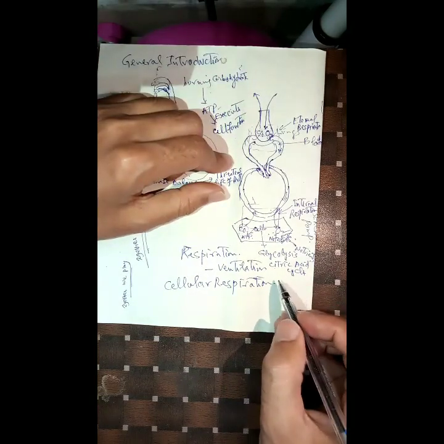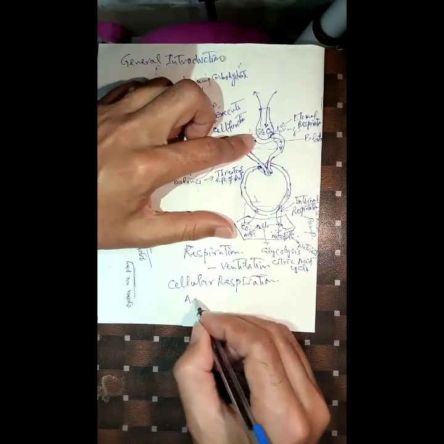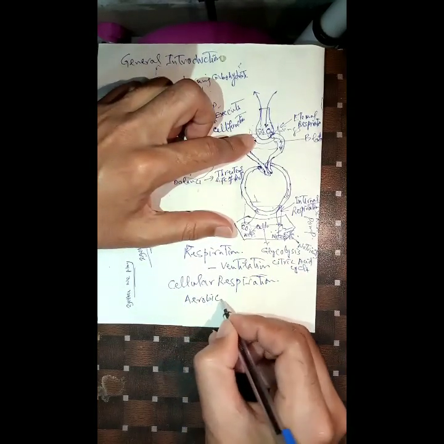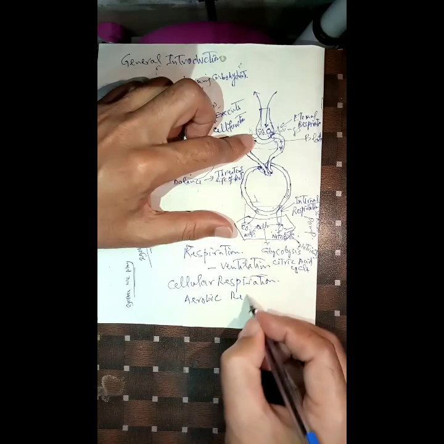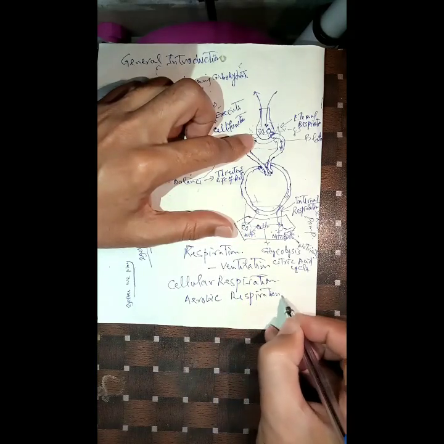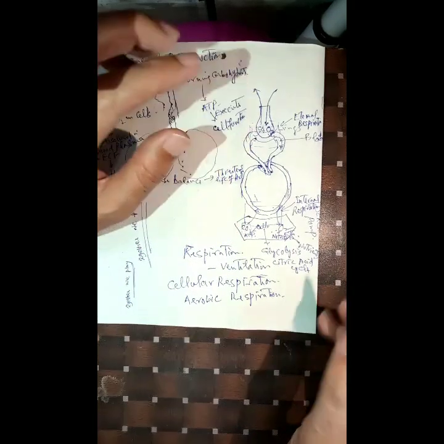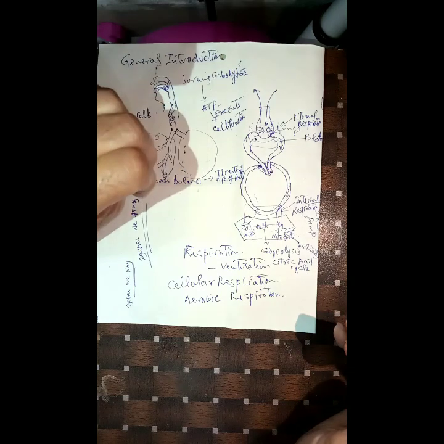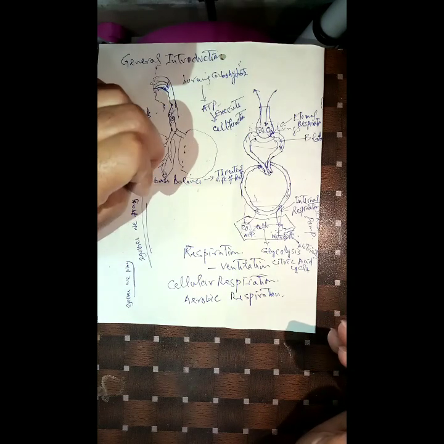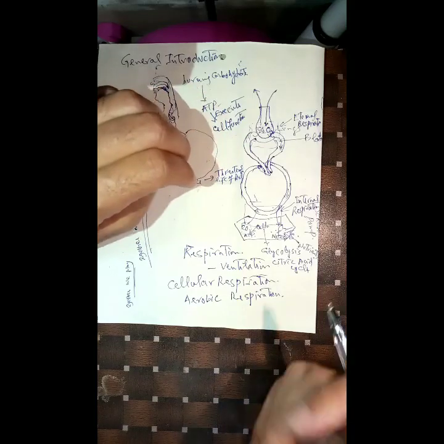This respiration is also called metabolic or aerobic respiration, as oxygen is utilized in the metabolic reactions and processes. Another type of respiration is called anaerobic respiration, which occurs in the absence of oxygen.